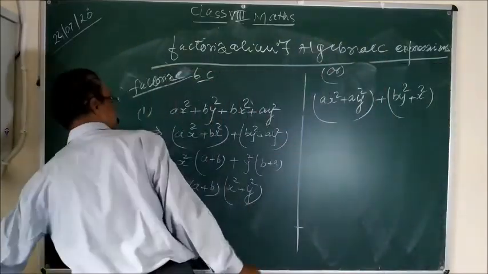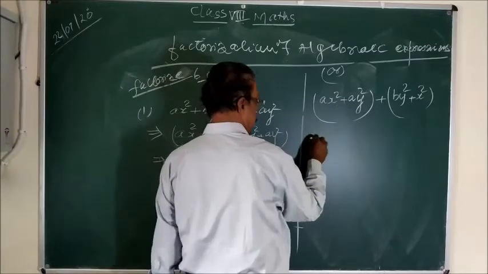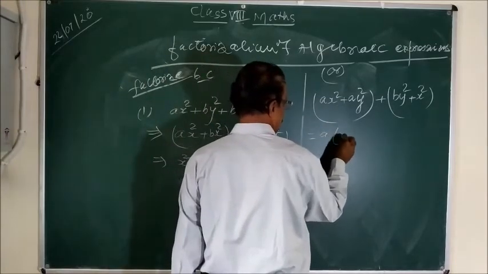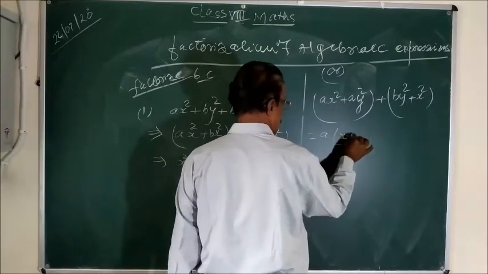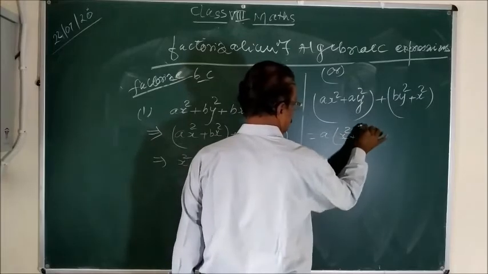Now you see common here. What is common here? a is common. In the bracket x square plus y square.